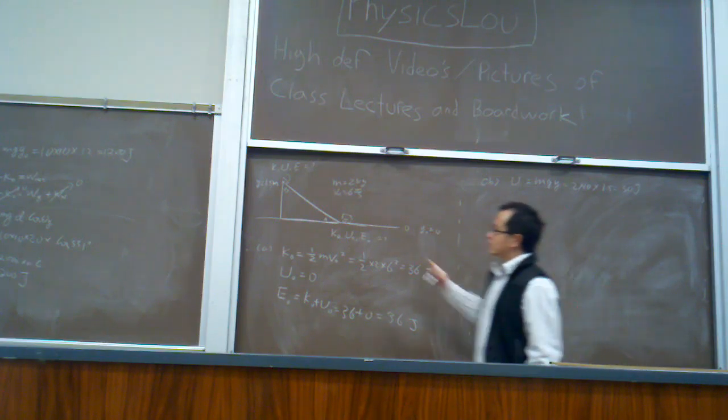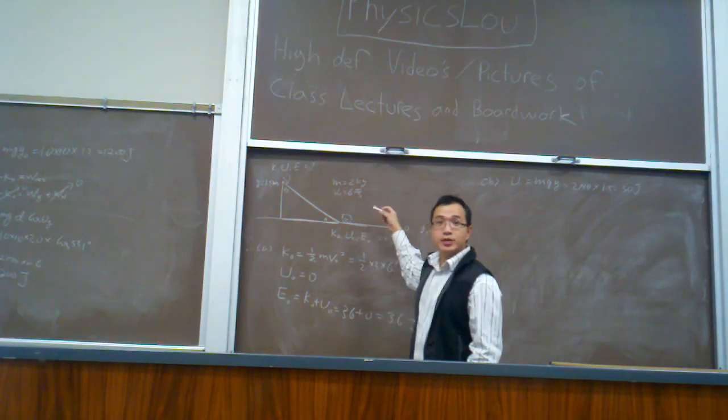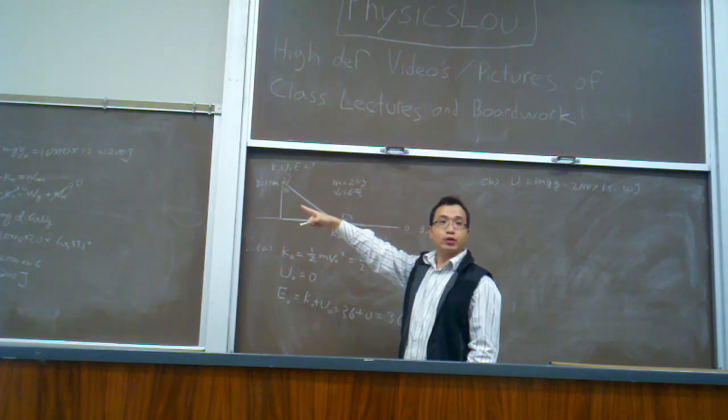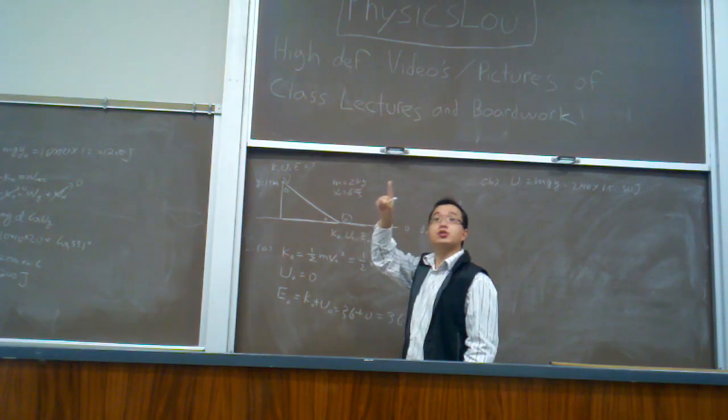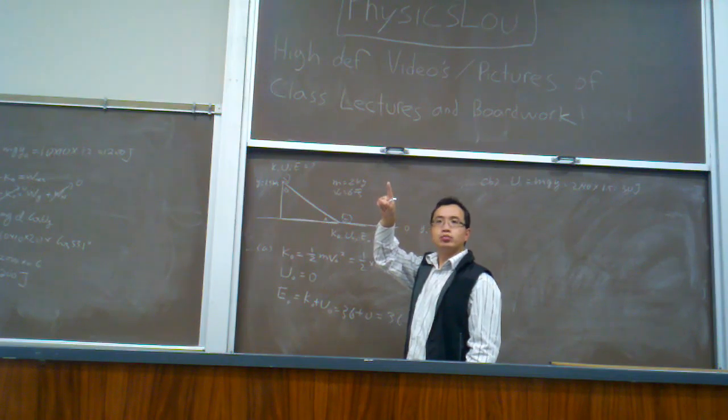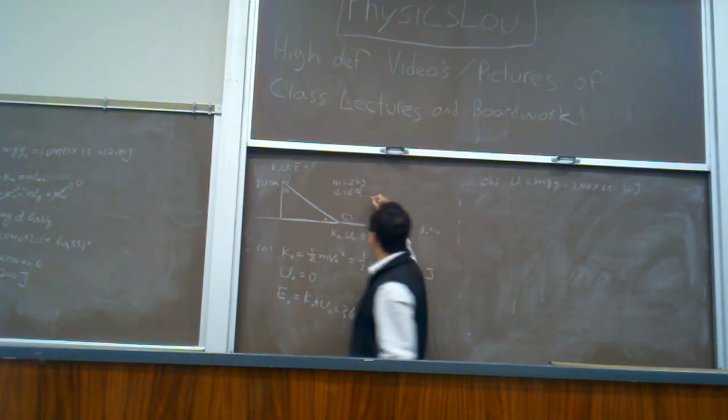Of course, this is a conservative system, because we don't have frictional force. We have only the normal force and the gravitational force, but the normal force doesn't do work, right? So W_NC equals 0.